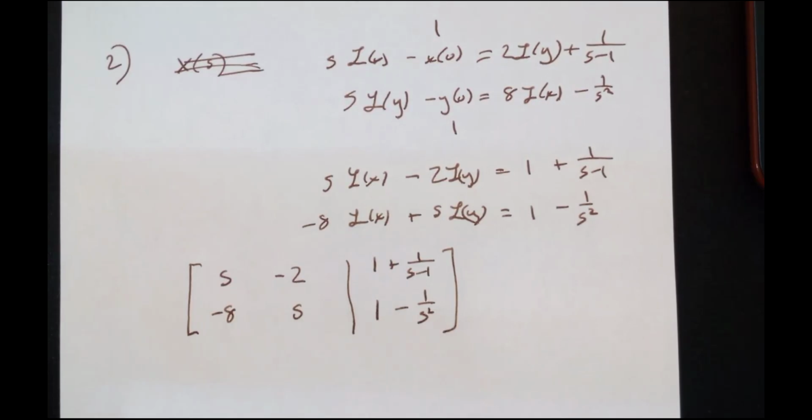S times the first variable minus 2 times the second variable equals this stuff over here on the right. Negative 8 times the first variable plus S on the second variable equals all this stuff here on the left. That's a matrix. Yes? Okay, linear algebra class. Tell me what Cramer's rule does.